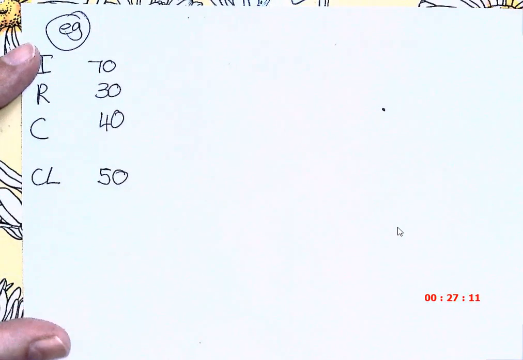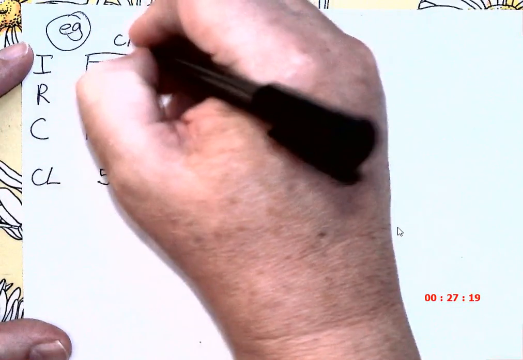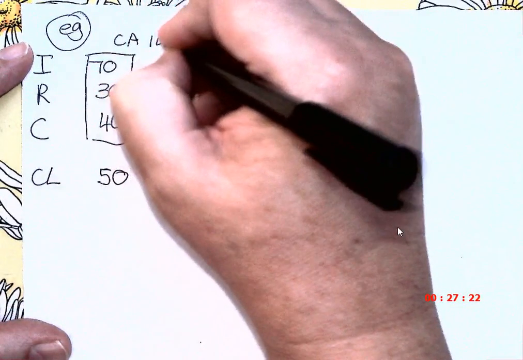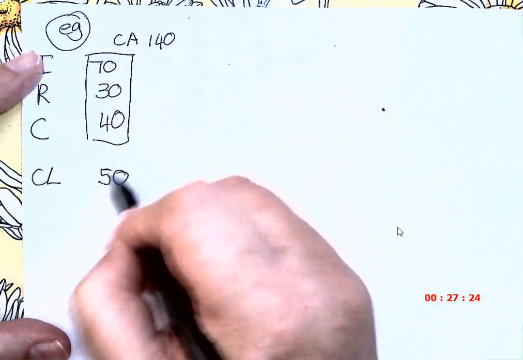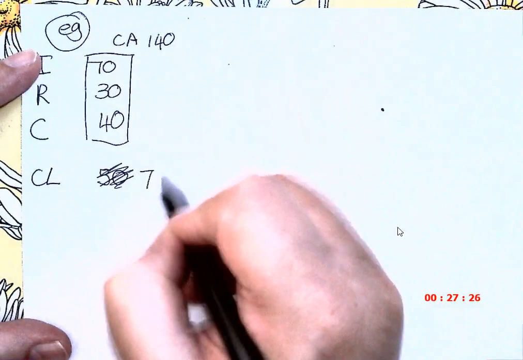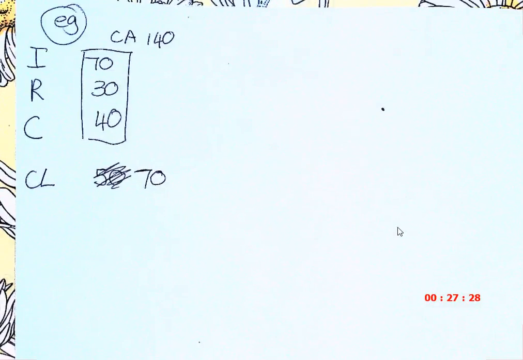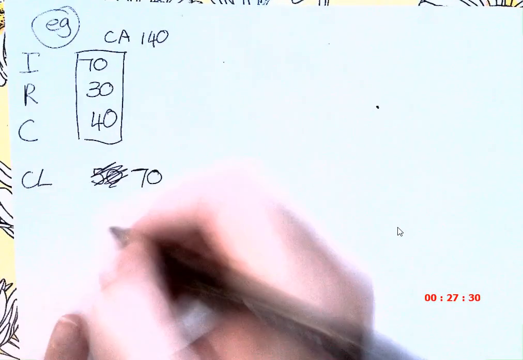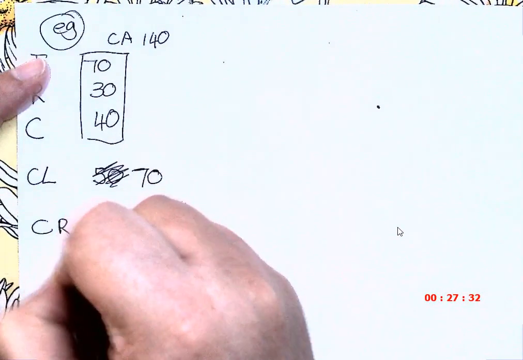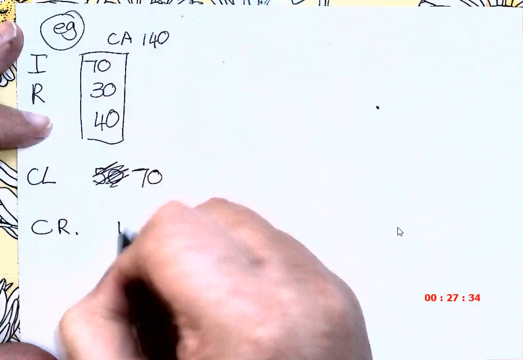Now, if I look at this, I have a block on top that says current assets is 140. Let's make the current liability 70. Let's just make it easier. So now if I do my current ratio, it's my current assets to my current liability.